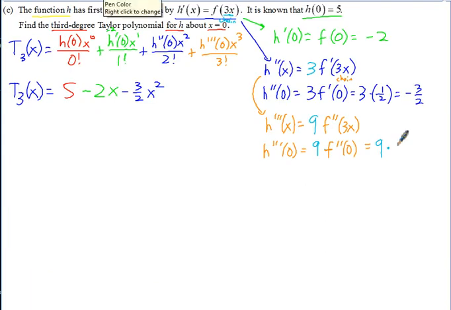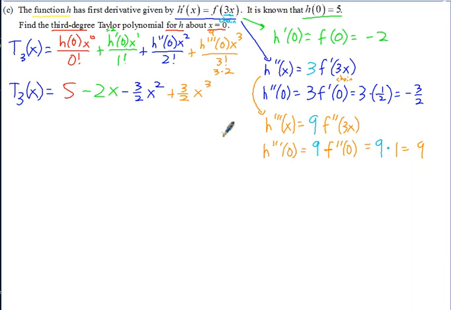So 9 times 1 gives you 9. So this one's 9 right here, divided by 3 factorial, which is 3 times 2. So that's 9/6, which you can divide by 3. Reduces to 3/2. So this will be plus 3/2 x cubed.